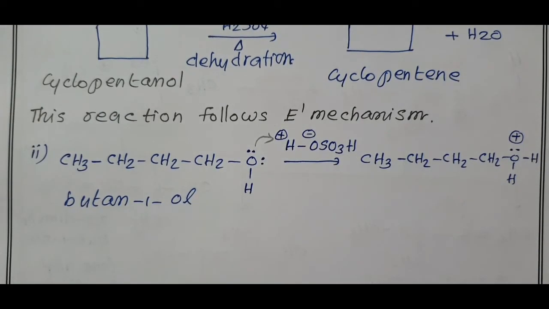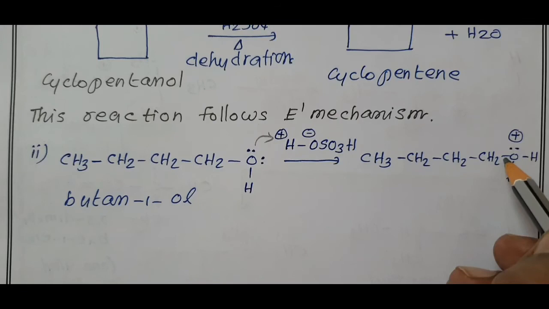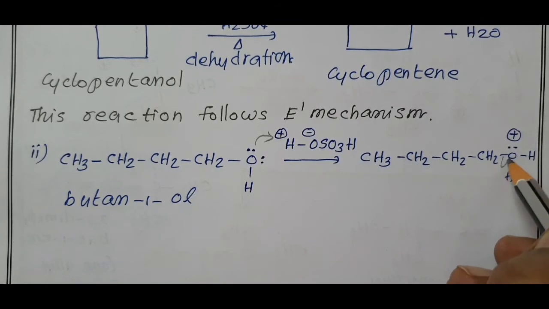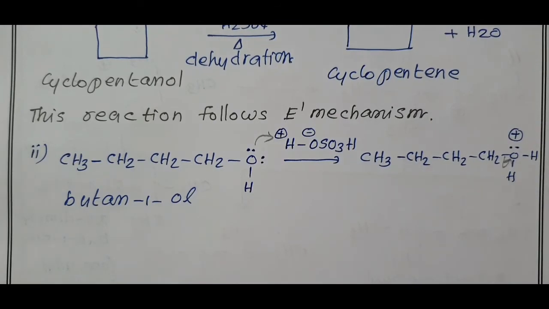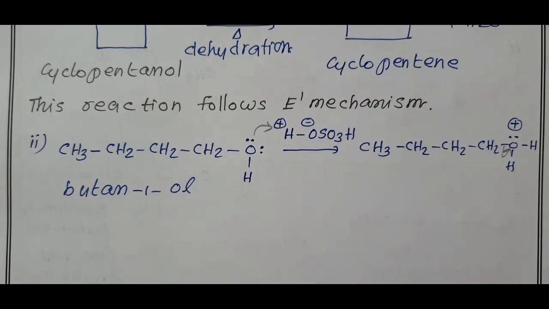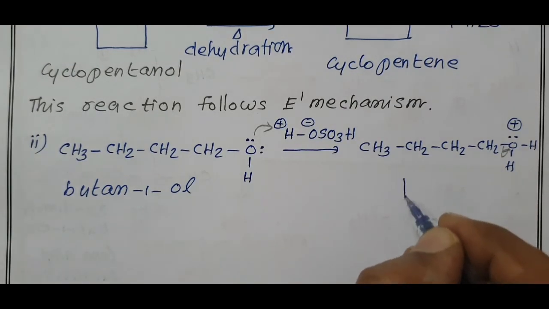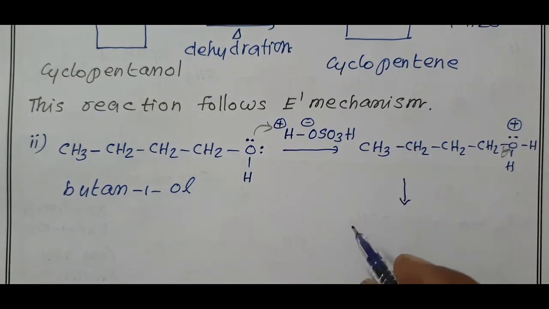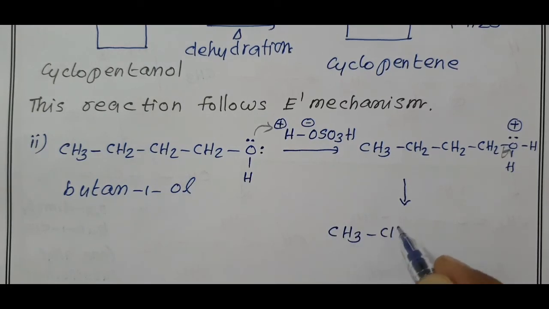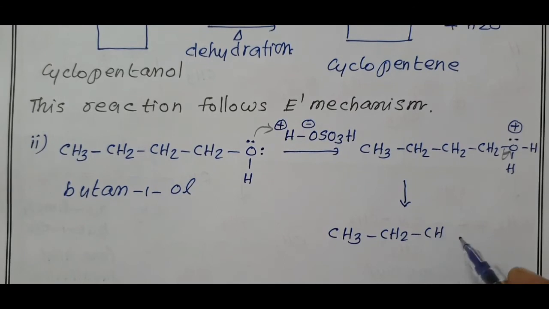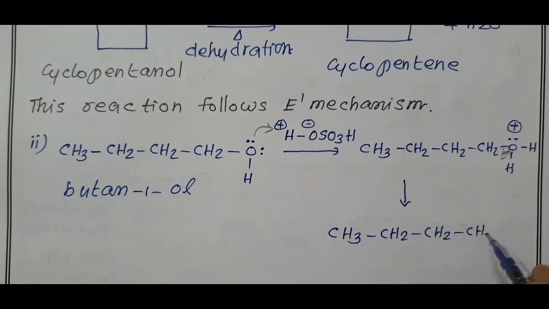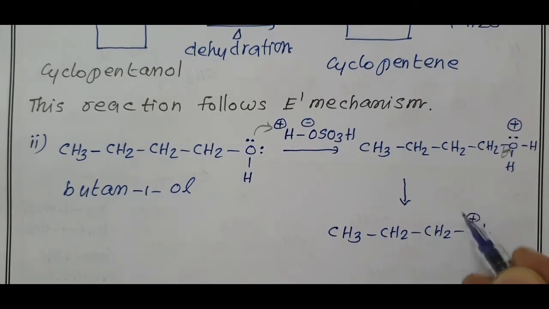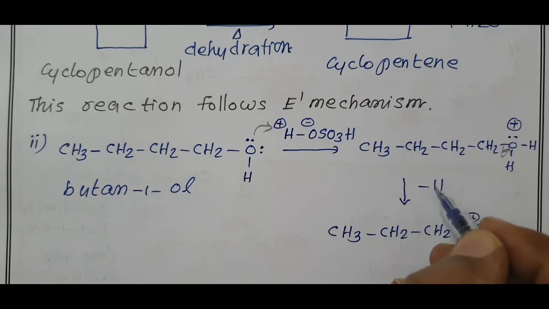We know whenever oxygen donates a pair of electrons, it removes a pair of electrons from the nearby bond. Therefore, it gives a positively charged carbocation, CH3, CH2, CH2. The first carbon now gets positively charged with the loss of one molecule of water.